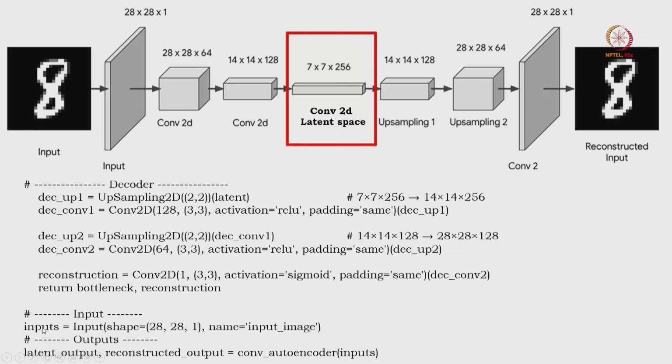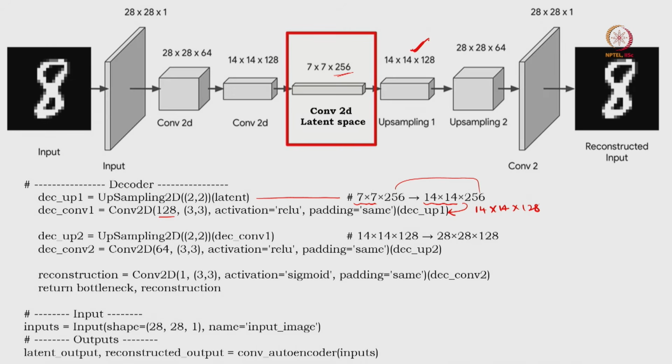Next, the output of this: 14 is changed to 7 is changed to 14 cross 14, but the number of kernels remains the same. But when this is passed as an input to this convolution operation, the output you get is 14 cross 14 with 128 kernels. That's what this value is.